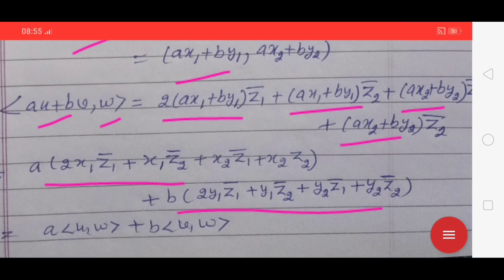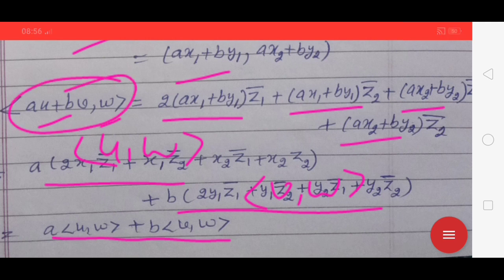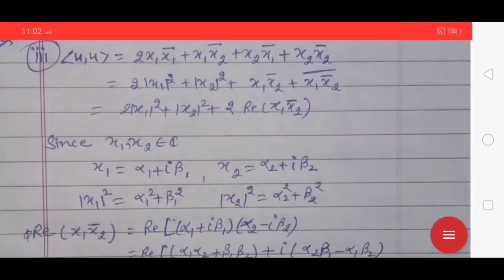This is nothing but (u, w) and this is (v, w), and this shows that the function is linear.